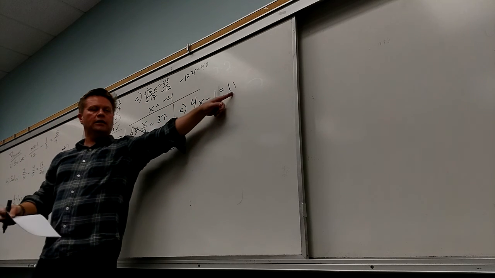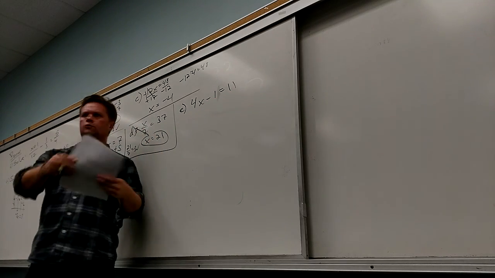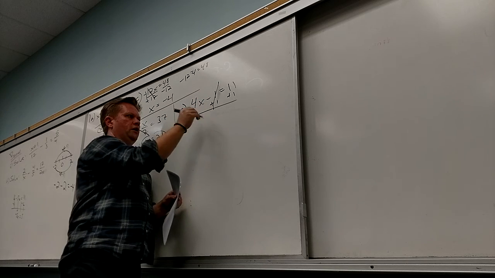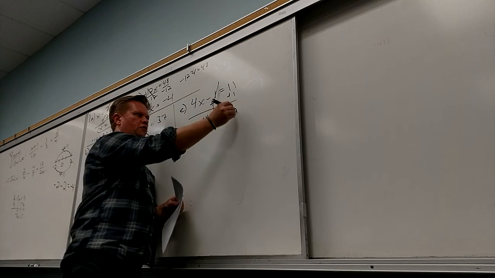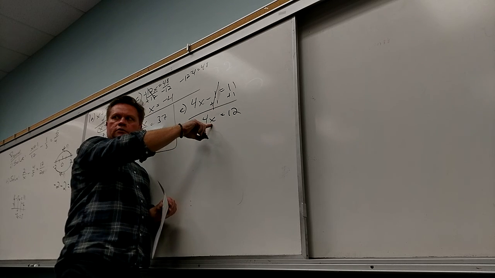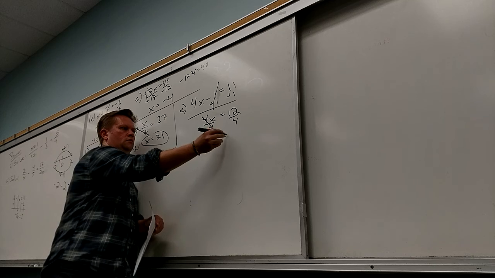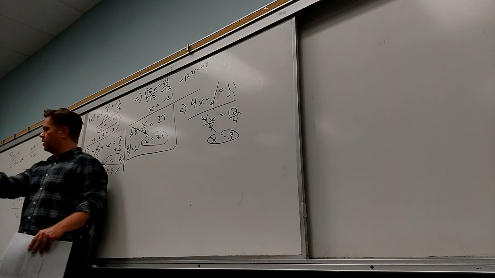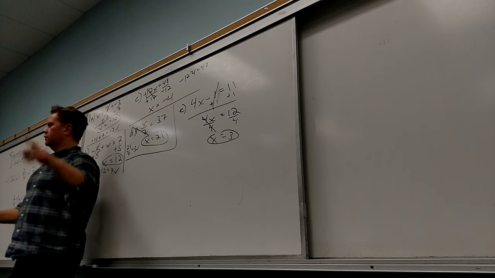So I want to get rid of him. So what do? Add 1. So I get 4x equals 12. And now you can divide by 4. Because you consolidated all your numbers so you can just attack that one thing with dividing by 4. It's another way to look at why I don't divide first.